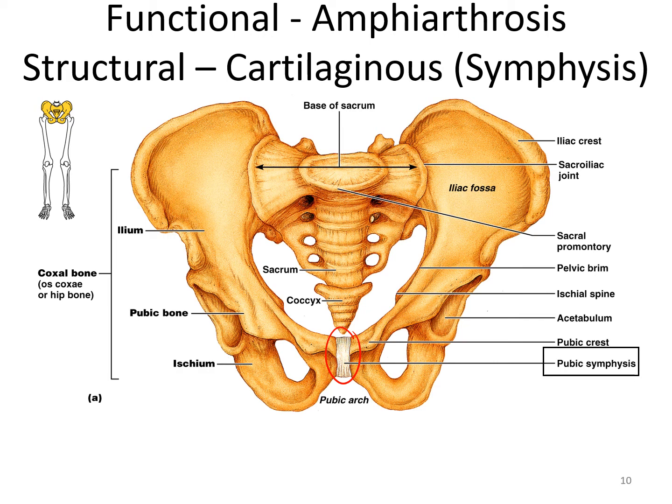When I talk about how flexible that joint is, you want to think functional or amphiarthrosis. Now, when we talk about what that joint is made of, we want to think about structural category. It is a cartilaginous joint because it's cartilage between two pieces of bone, and specifically, this type of joint here is called a symphysis joint.